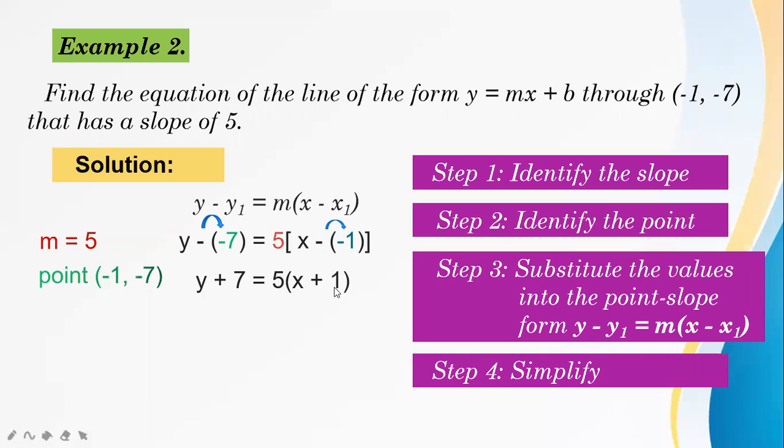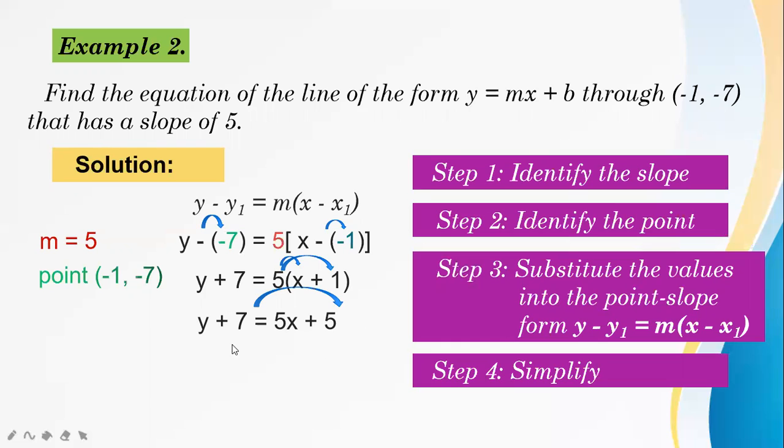Negative negative is positive 1. Then multiply 5 to x plus 1, 5 times x, 5 times positive 1. And therefore, we have y plus 7 equals 5x plus 5.